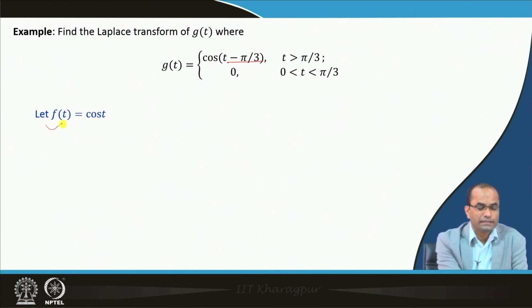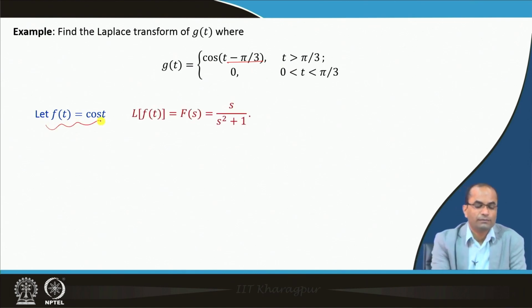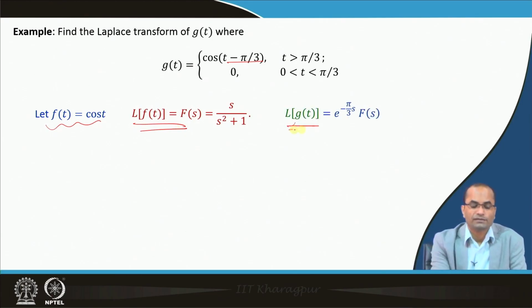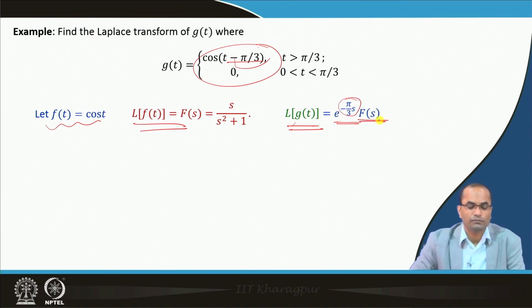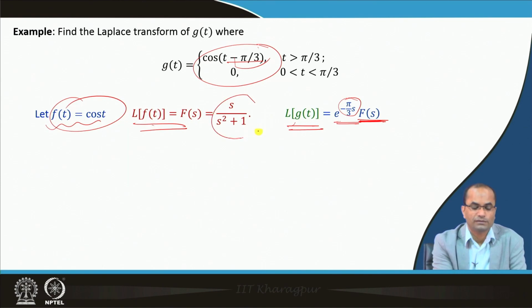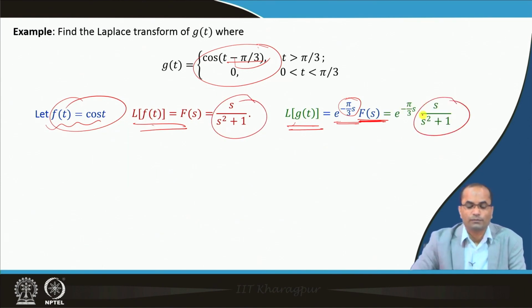So, here if we take this f(t) as cos t, we know the Laplace transform of this f(t); we have already done this. It is s over s square plus 1. Then the Laplace transform of g(t), we can apply the second shifting theorem, which says e to the power minus pi by 3 s will go out, and then the Laplace transform of f(t), that is just cos t, which is s over s square plus 1.